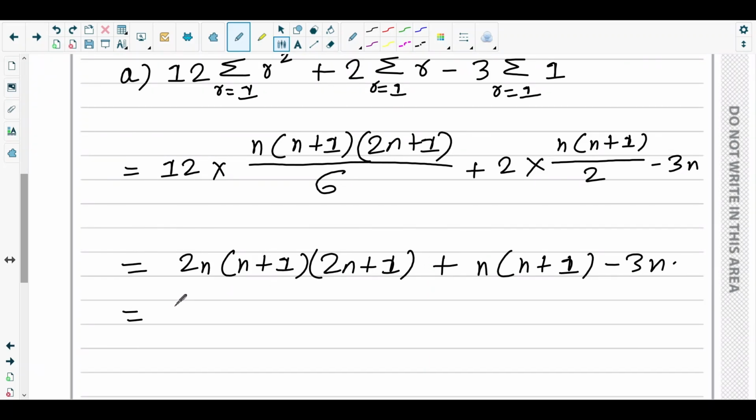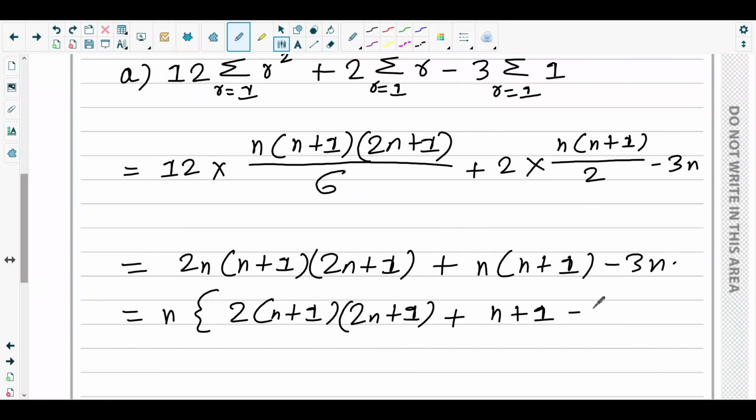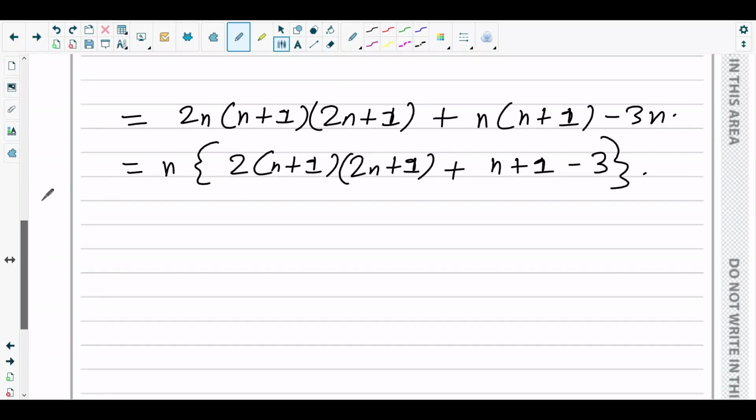From these three terms we can take n common. If you take n common, then you will get 2 times n plus 1 times 2n plus 1, this is from the first term. From the second term we will have n plus 1, and from the third term we will have only negative 3.